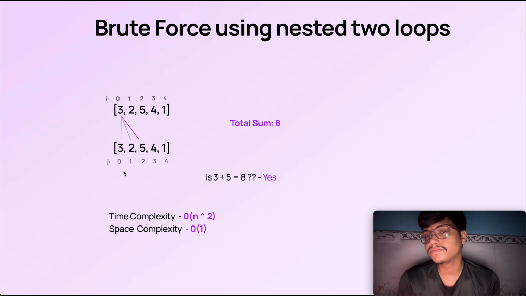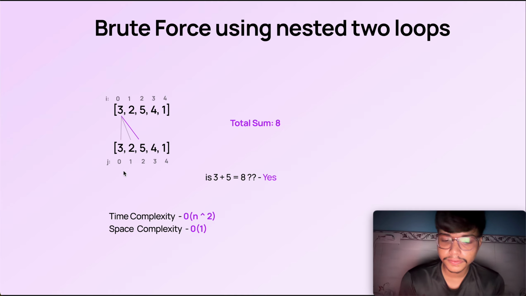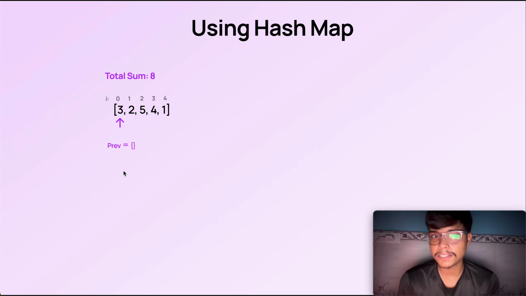Let's start with the second approach, where we will see how we can optimize our algorithm and reduce time complexity by using a hash map. So what is a hash map? In a hash map we can store information, and the information must be in key value pairs.